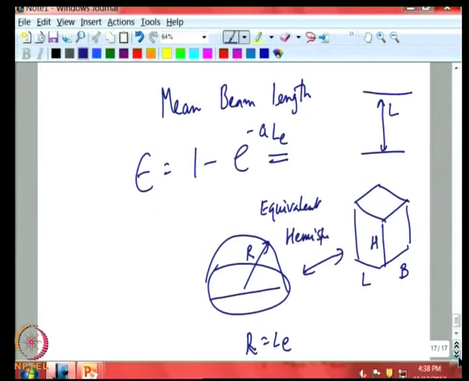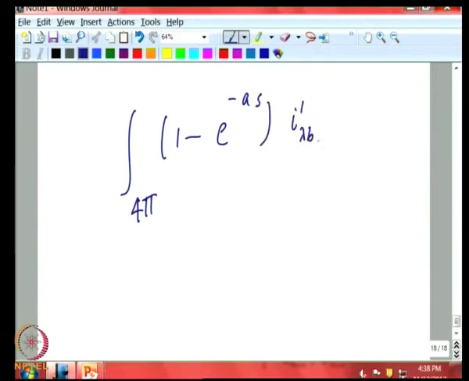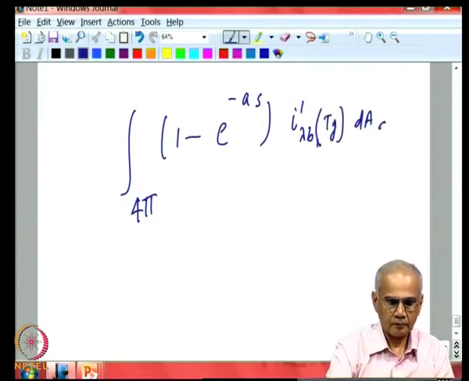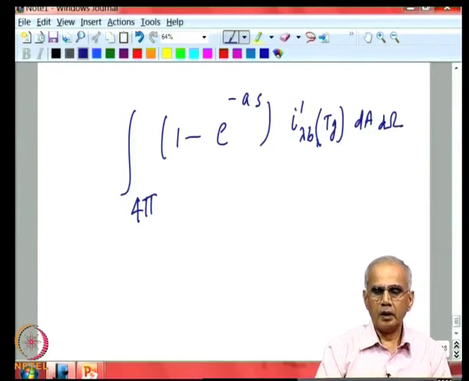So, first thing we do is to ask what is the radiation falling from a hemispherical furnace radiated to the wall. So, this will be nothing but, and the volume element let us say small.